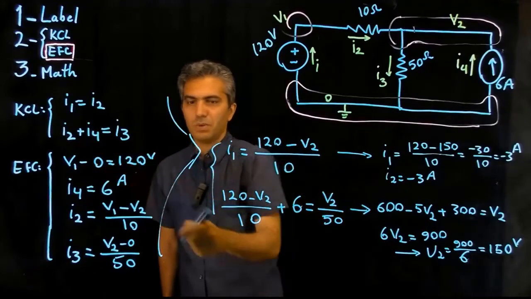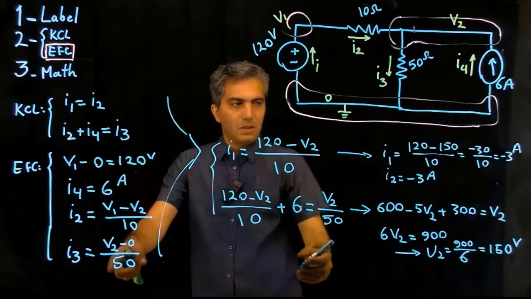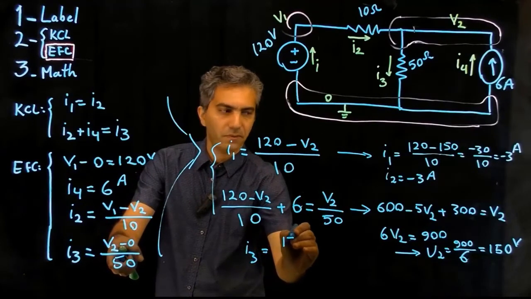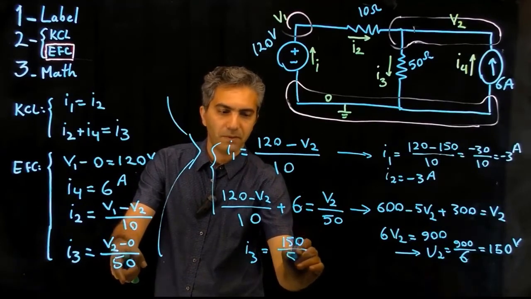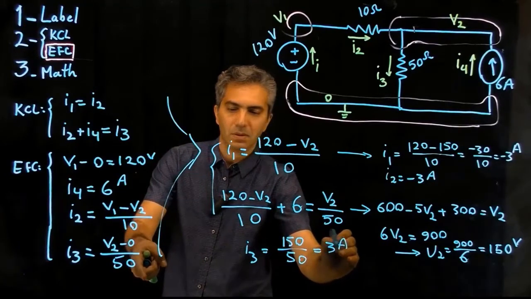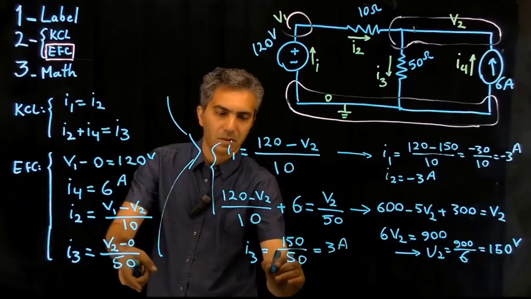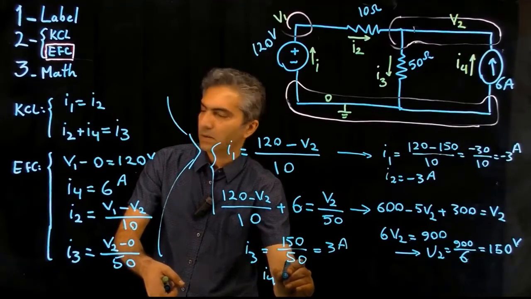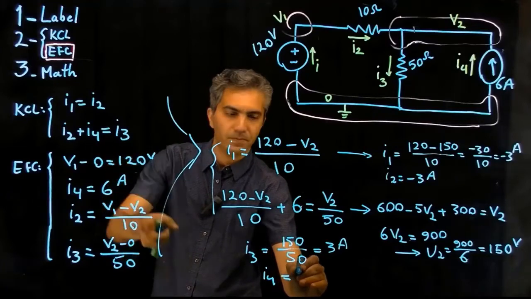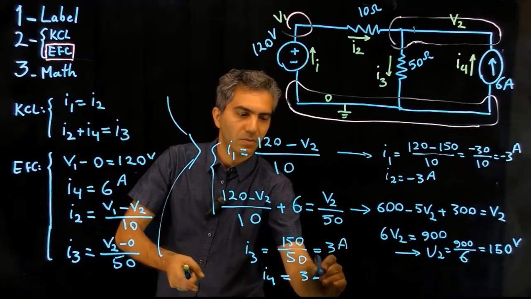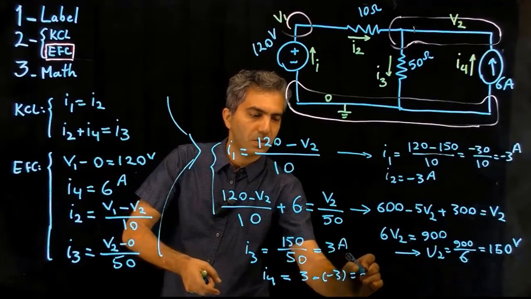So I3 is equal to 150 divided by 50, which is 3 amps, and finally I4 is equal to I3 minus I2, minus minus 3, 6 amp.